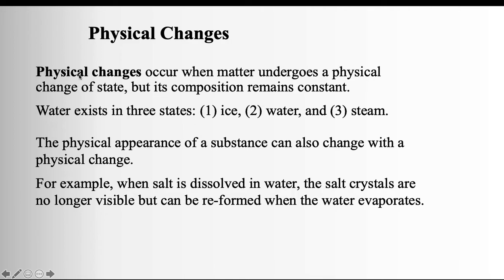When we measure physical properties or a physical change, we do not change the composition of a molecule or a compound. For example, water exists as ice, liquid, and steam. If I change from one to the other, I may change the appearance of a substance, but I do not change the composition. It's still water, whether it is ice, liquid, or gaseous form.